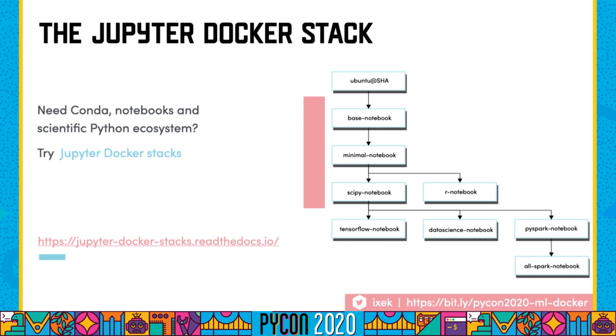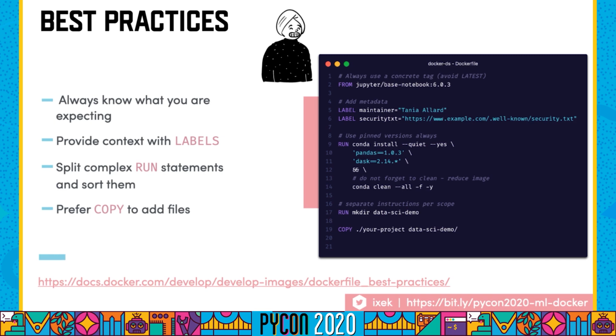So if you only need the Jupyter Notebook and you want to install your dependencies yourself, you can build from there. If you need more complex setups with scientific Python programs as well as TensorFlow, there is something for you. You can also use PySpark or a data science notebook that also contains R. And I think there are also some other community stacks that allow you to use Julia. You can also use those as base images to build your Docker images.